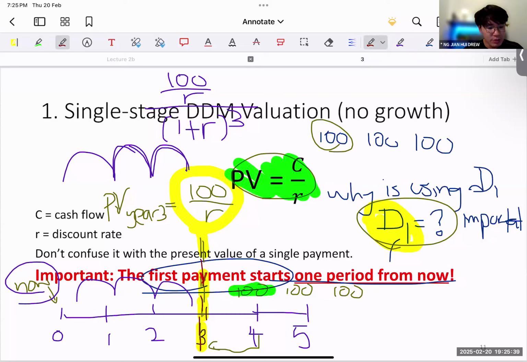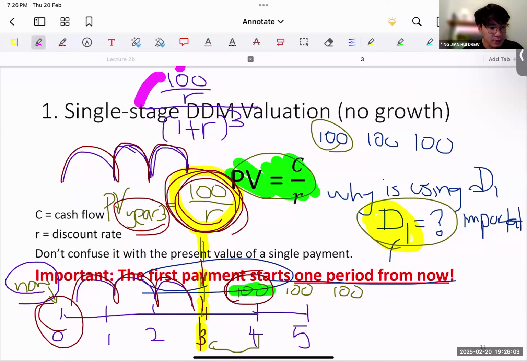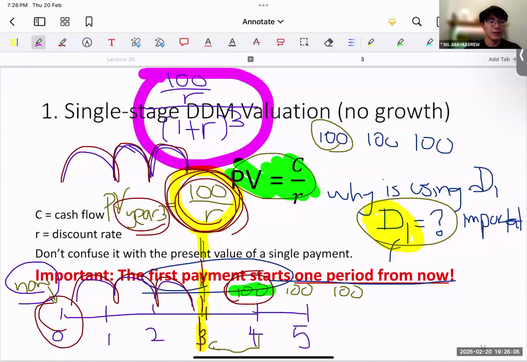So this is D1 here, and once you have this formula, which is the value of the firm in year three, after that you discount it back 1 year, 2 year, 3 year. Do the bunny hop 3 times back to year zero, and therefore you get this thing here.